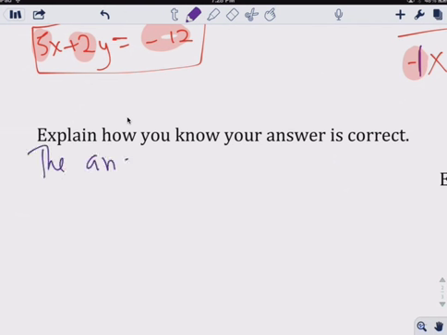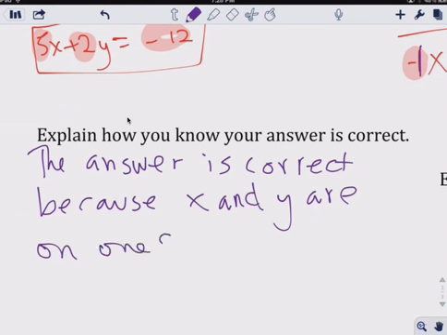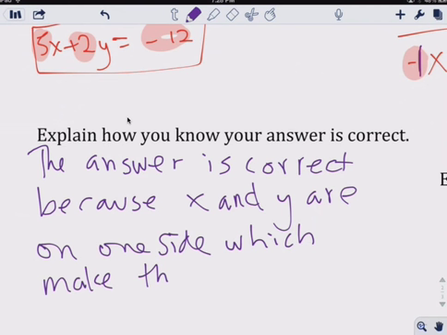The answer is correct because x and y are on one side, which makes this ax plus by equals c.